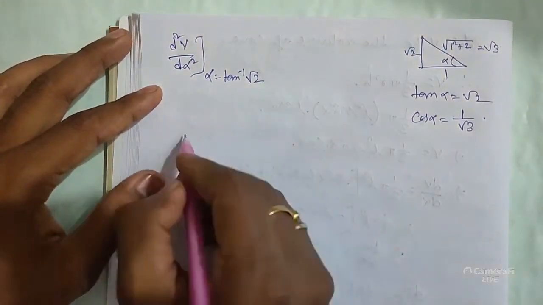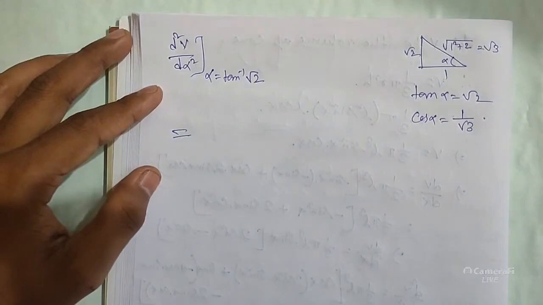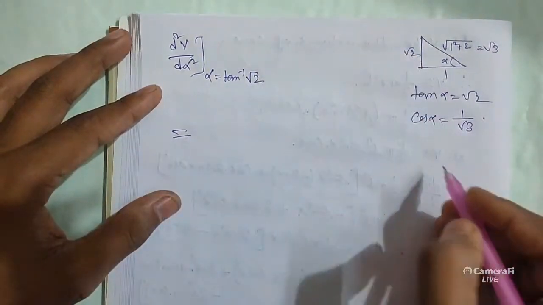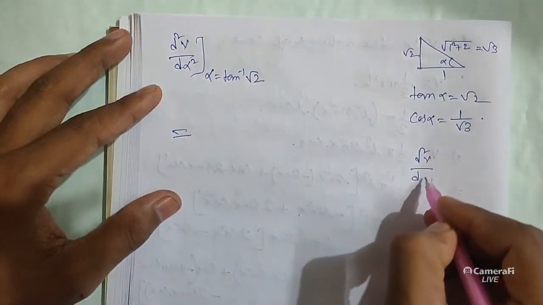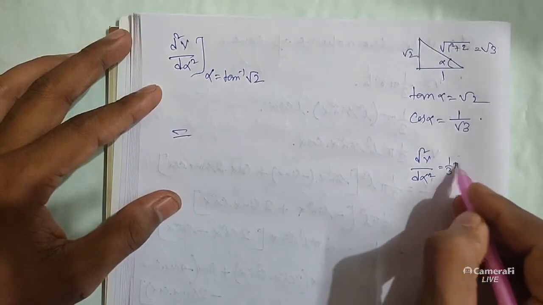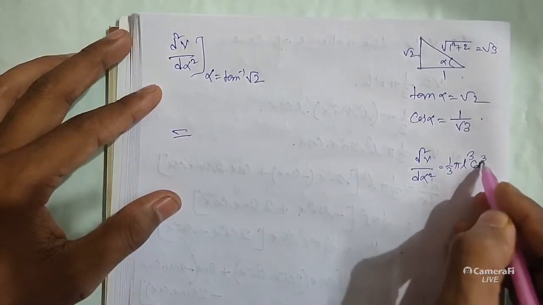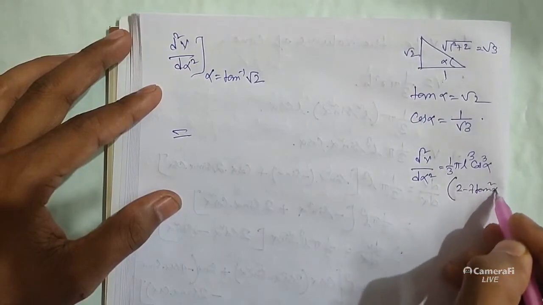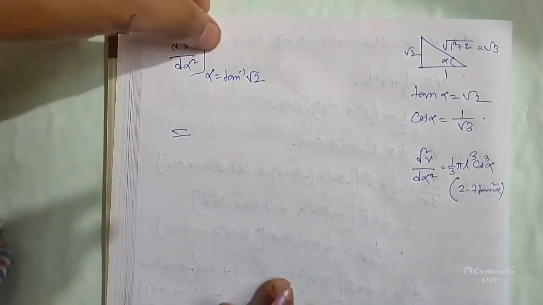So this is equals to the value of d2V by d alpha 2, it was 1/3 pi L cube cos cube alpha whole into 2 minus 7 tan square alpha. This was the value.